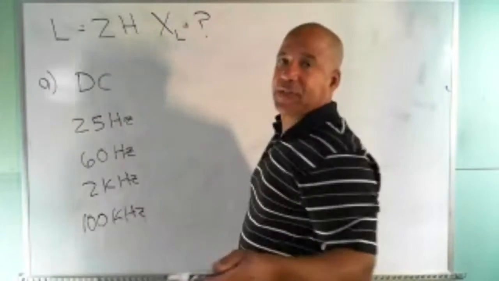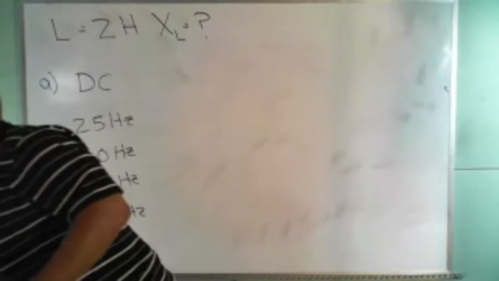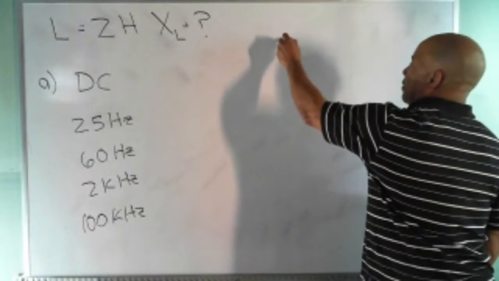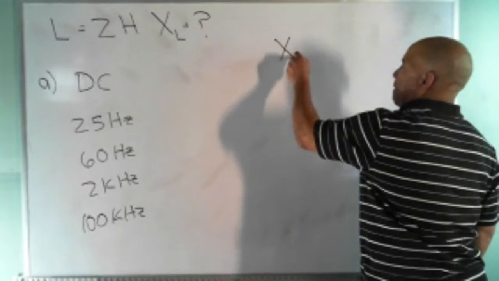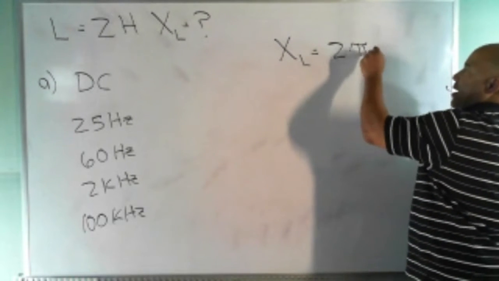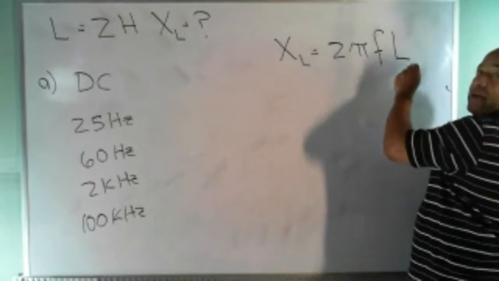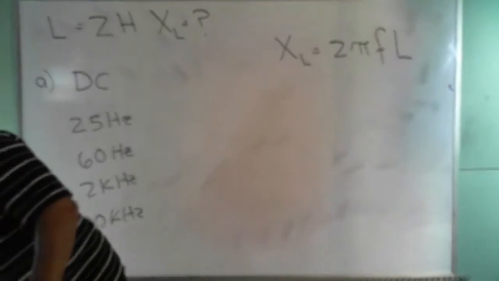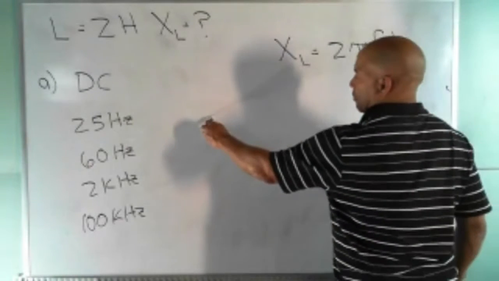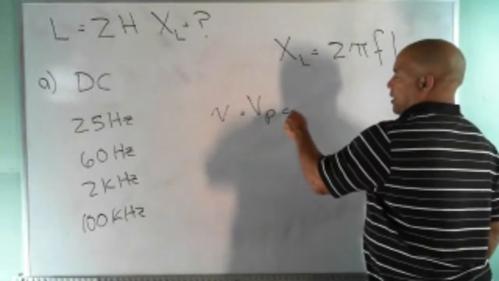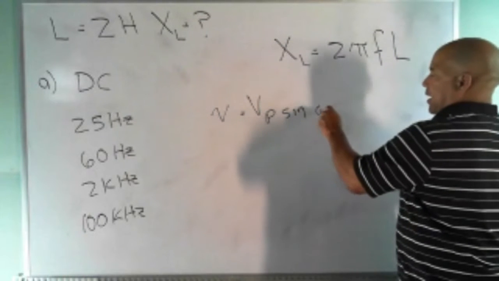I didn't mention this before, but remember when you calculate XL, it is 2 pi times frequency times L. But if you look, that 2 pi F, you might remember what that is. Remember we had our time domain, we had V peak sine omega t.